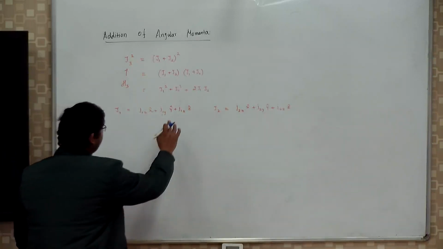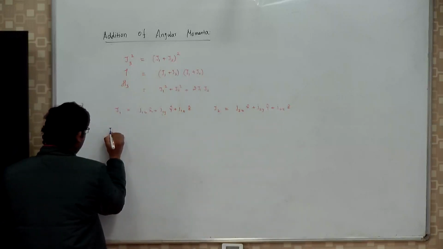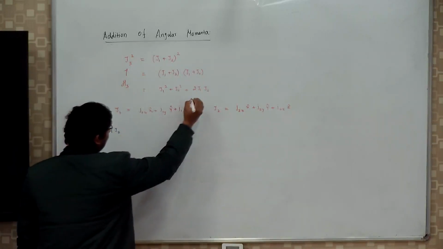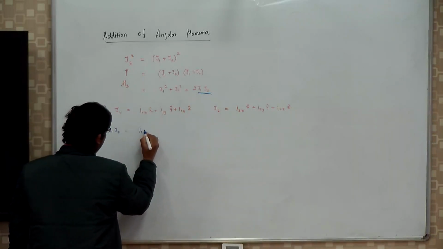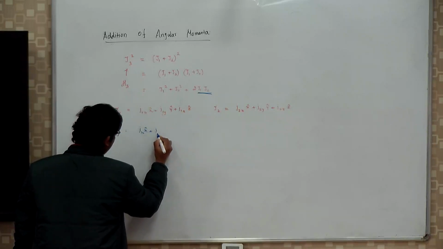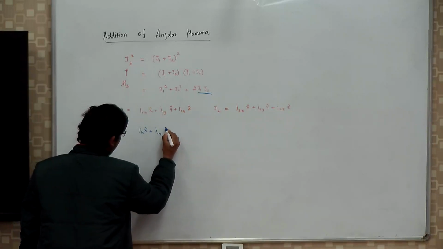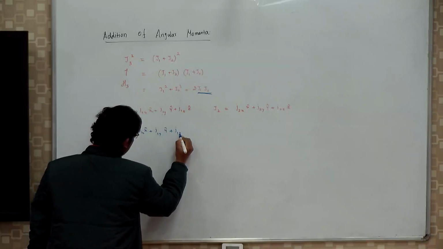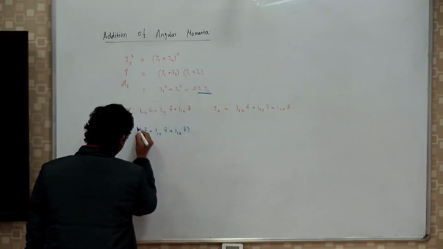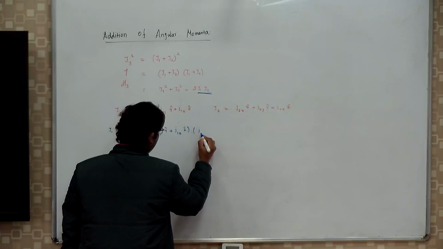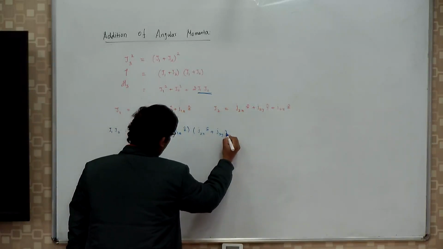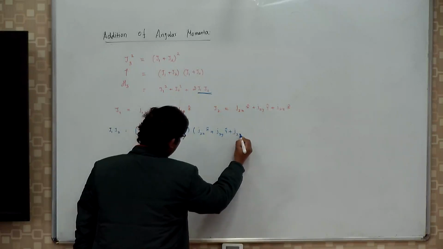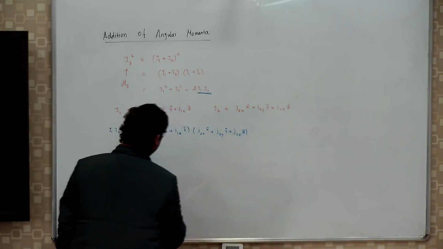Then taking the product of these two, Z1 and Z2, so Z1x x, Z1y y, Z1ez ez, with Z2x x, Z2y y, Z2ez ez cap.